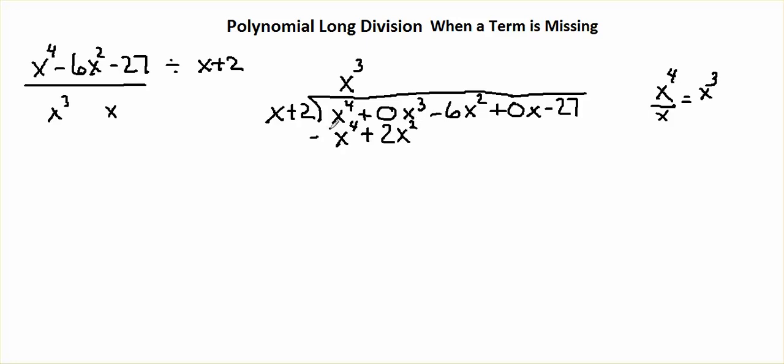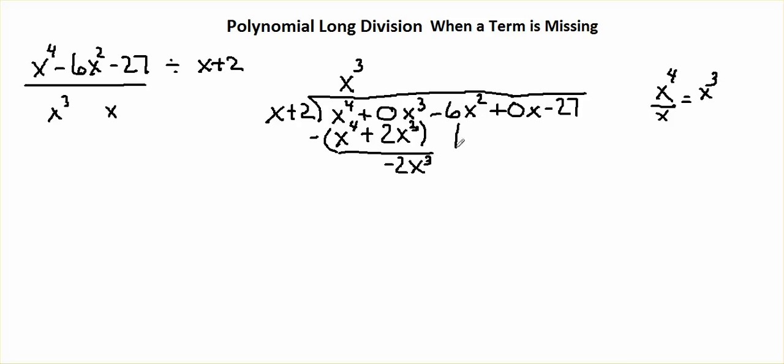And remember, we're going to subtract this whole polynomial. X to the fourth minus x to the fourth is 0. But now 0x cubed minus 2x cubed is a minus 2x cubed.